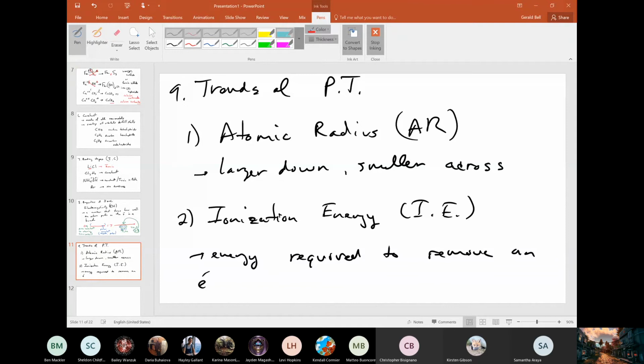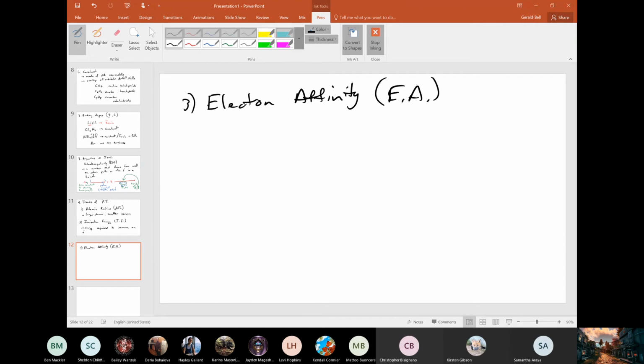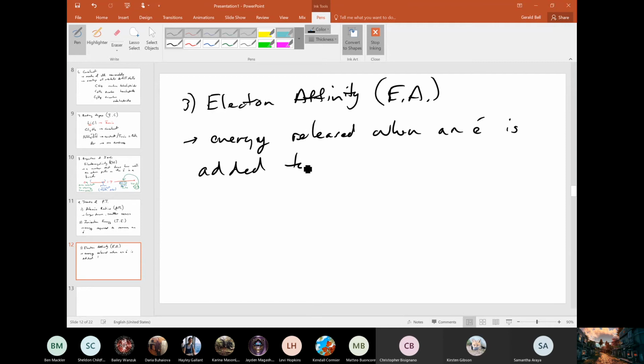And the last one's electron affinity. Electron affinity, yay. And this was the energy released when an electron is added to an atom.